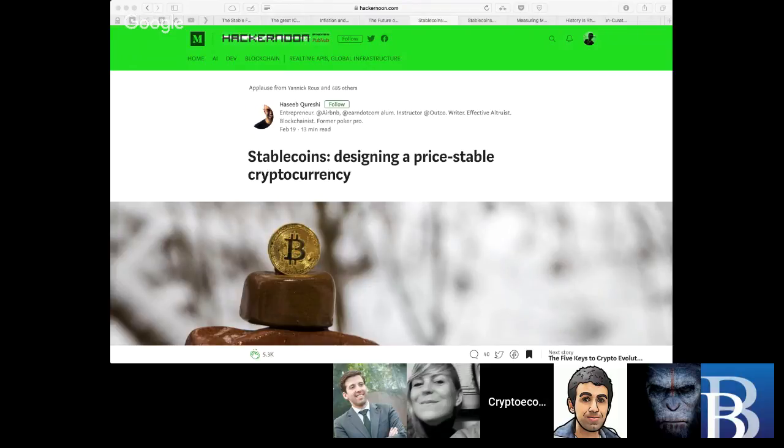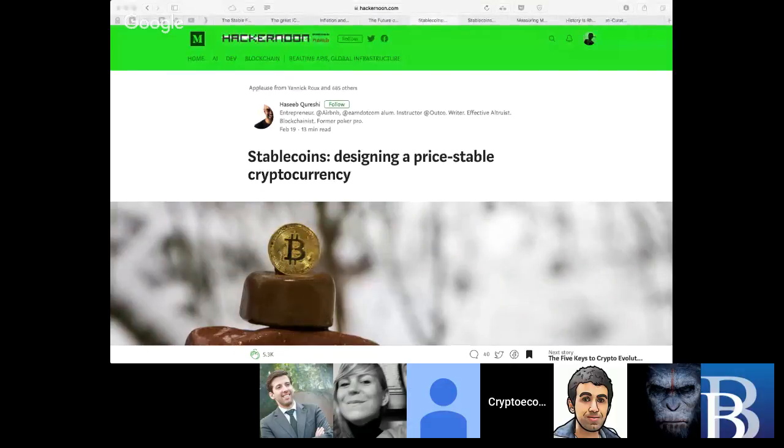So in this case, we'd like to have a coin which is stable by design, but without any central authority to make that coin stable at all times. It should come out of a set of incentives that will together ensure the stability of the coin.